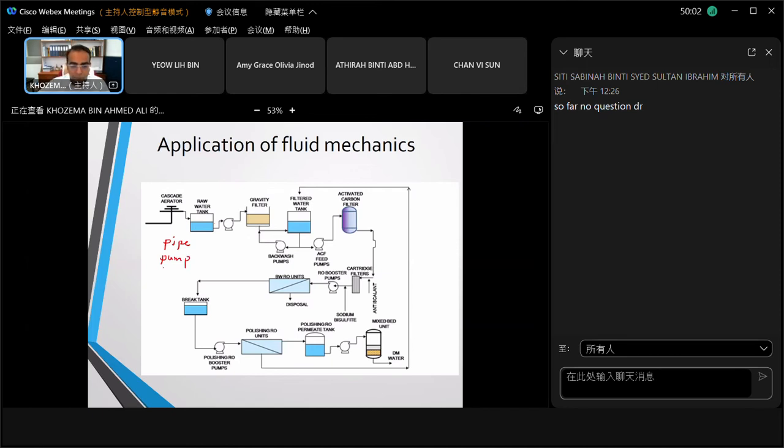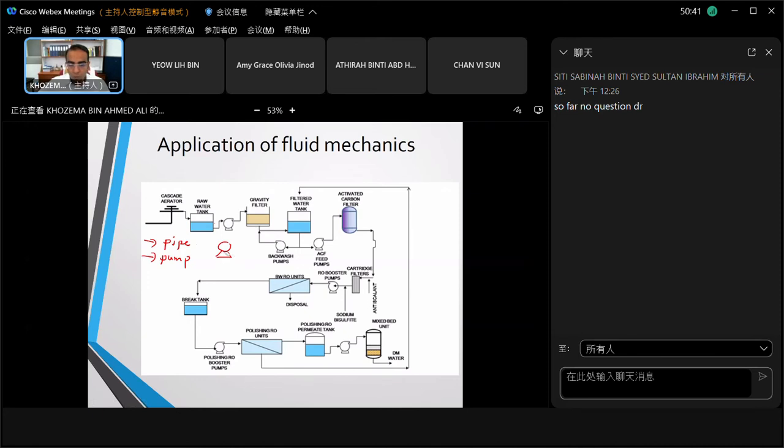Okay, pump is the device you use to push your fluid or your liquid. Pipe is the vessel that you use to channel your liquid, right? If you have just a pump and you don't have any piping attached to it, your fluid will just pour out. Nothing will happen. It will not go from one point to another point. So here you need to understand pipe and pump.